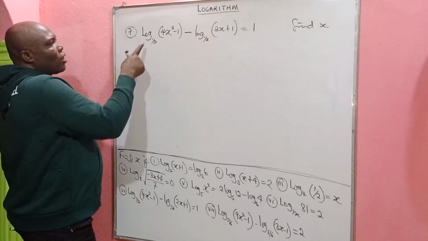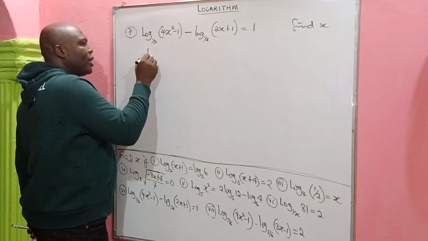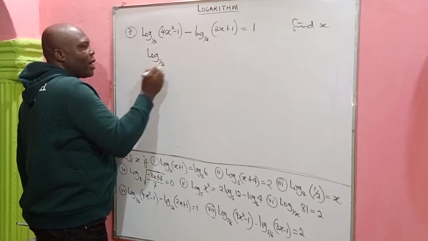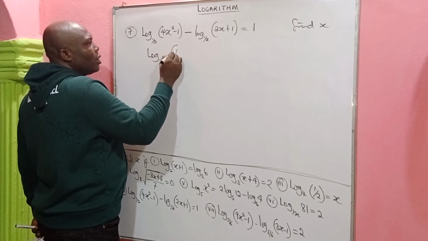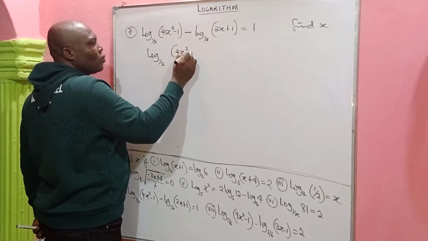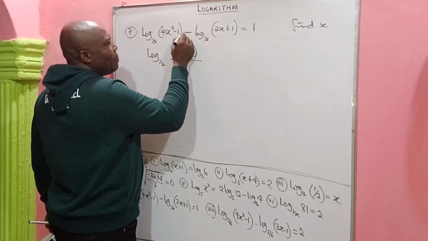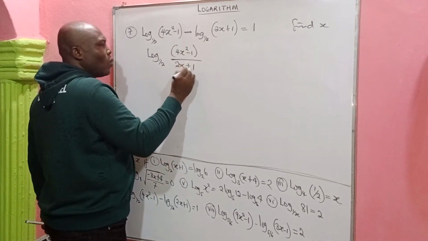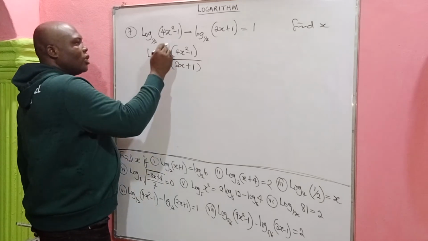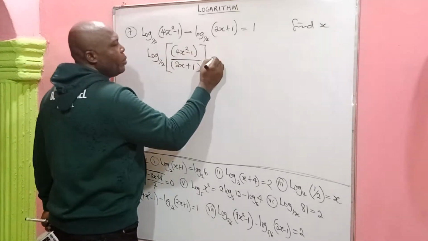So we'll take the common log to the base of half, whereas what we have here is 4x squared minus 1, divided by, the minus here means divide by what? 2x plus 1. Alright, so this will be equal to 1.